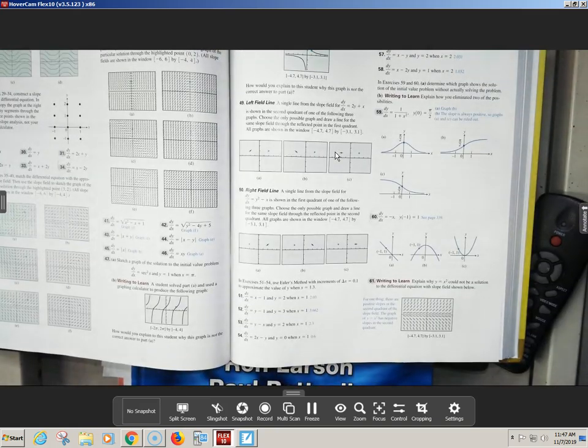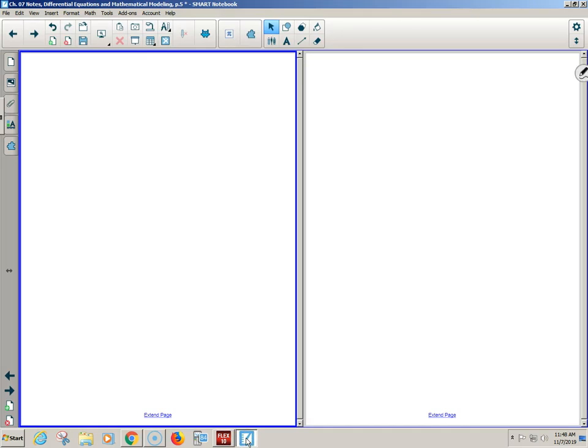Okay, 53 gives us the differential equation, y minus x. y equals 2 and x equals 1, going by point ones, and then getting to 1.3. Is it y minus x?